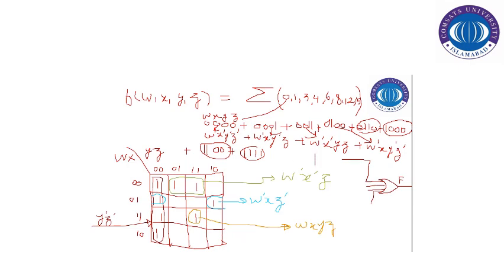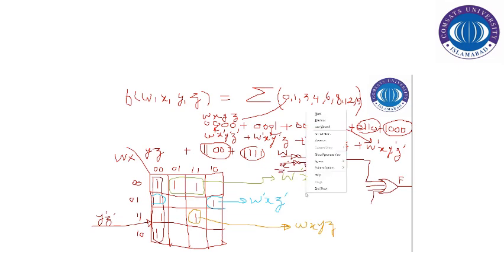And we've got here the AND gates. This is the first AND gate, and the inputs of this AND gate are W prime, X prime, and Z.